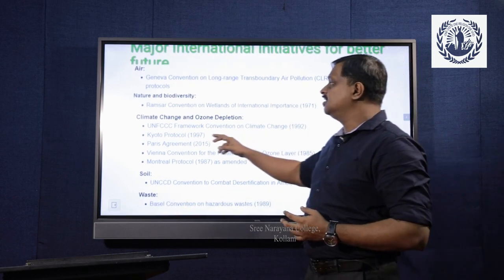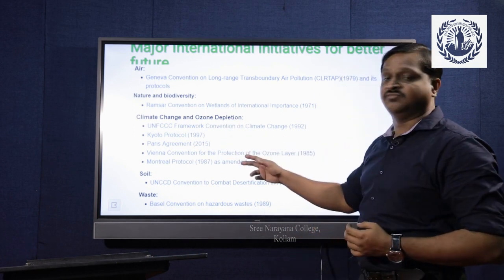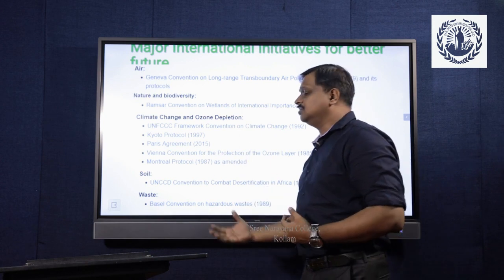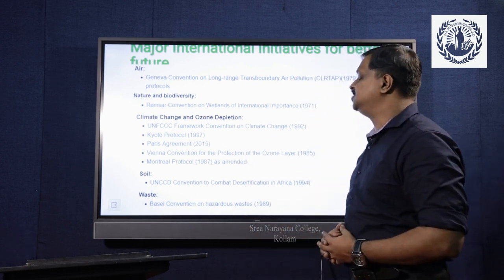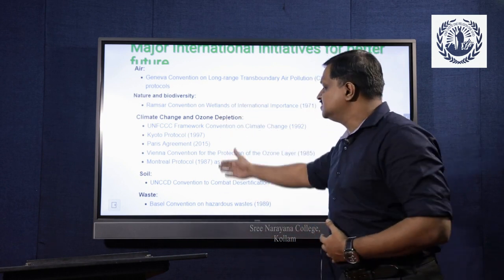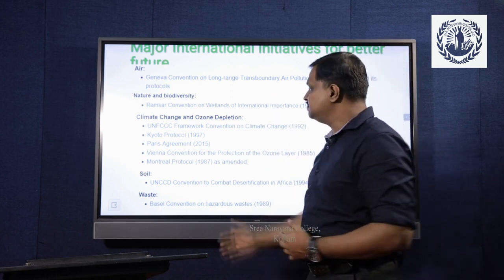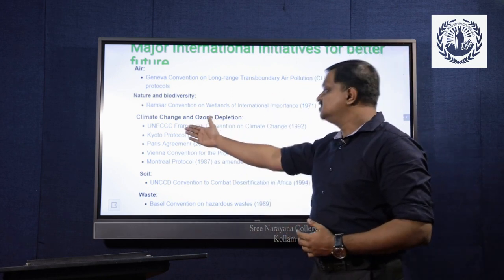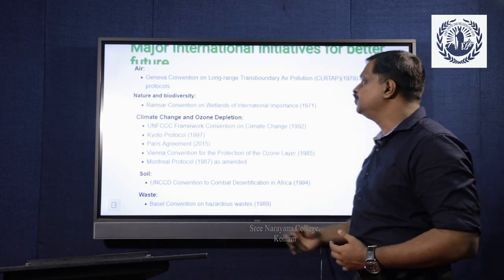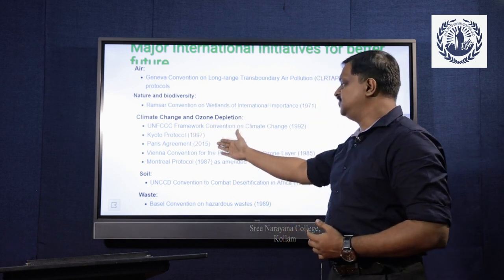The most important thing is climate change, which we are facing as a serious threat to the environment because of our own activities. We have to stop climate change and also control ozone depletion, and that is why you can see a lot of international agreements being made. UNFCCC was framed in 1992, the Kyoto Protocol in 1997, and the Paris Agreement in 2015.